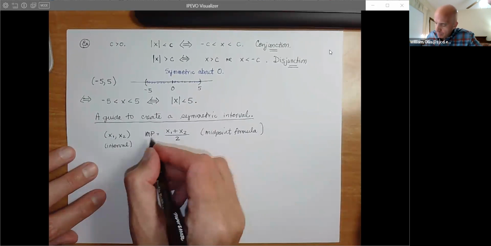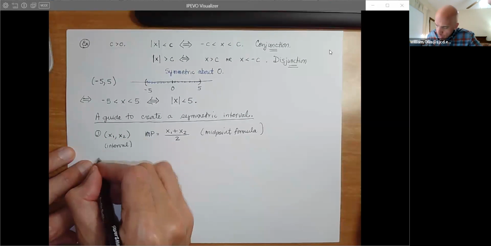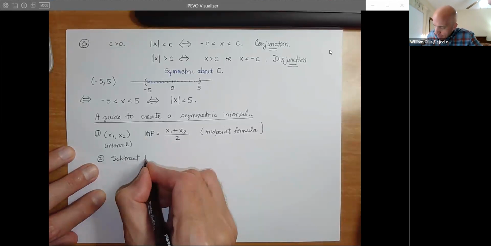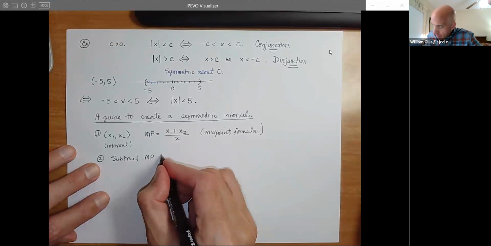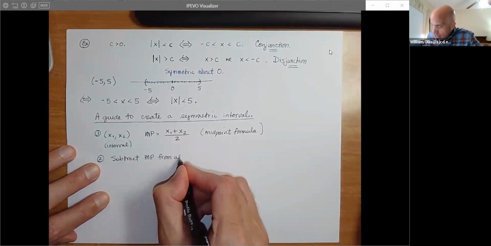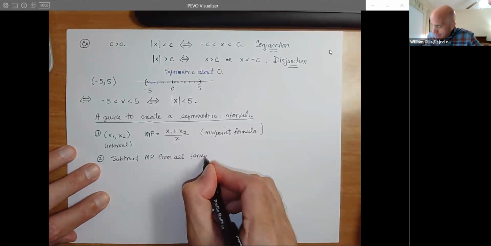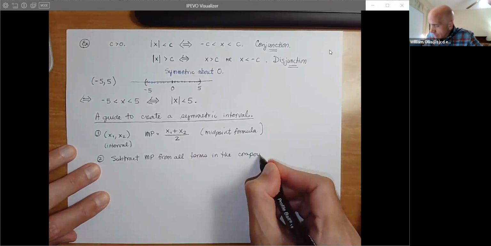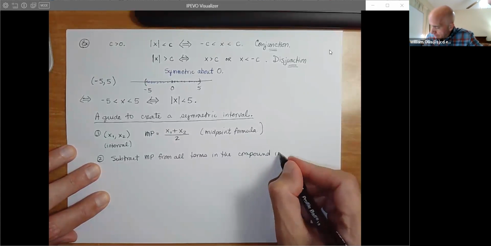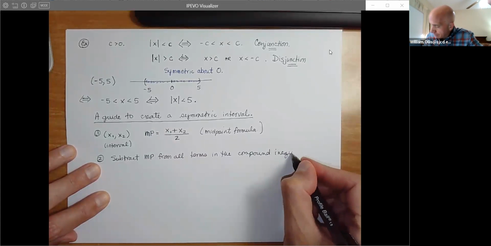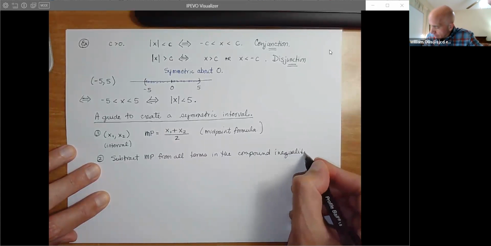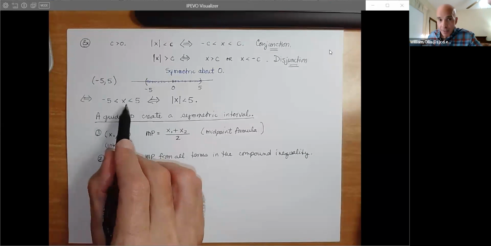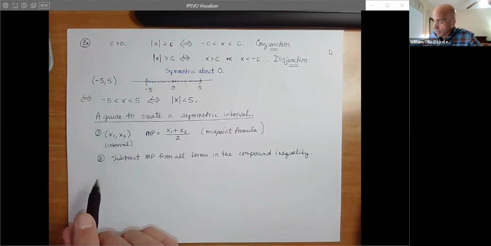This will be the first part, and then step 2: subtract the midpoint from all terms in the compound inequality. And once you have that, you have something that looks like this, and you can go to here. So let's go ahead and do that.